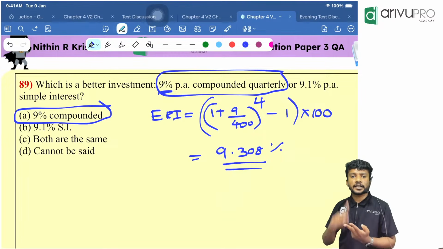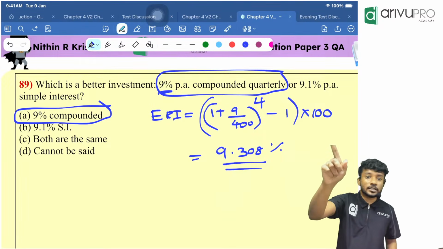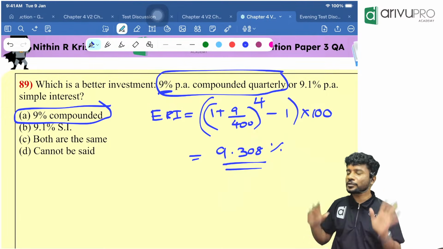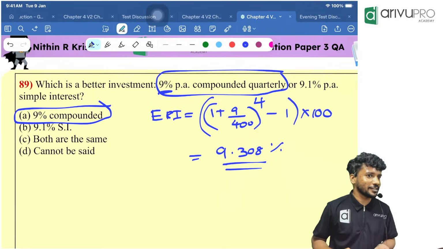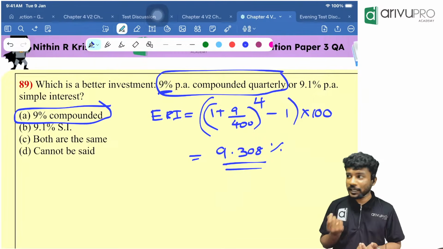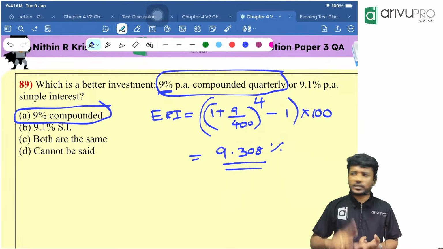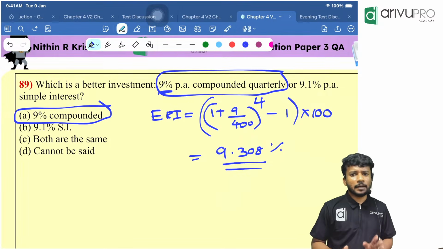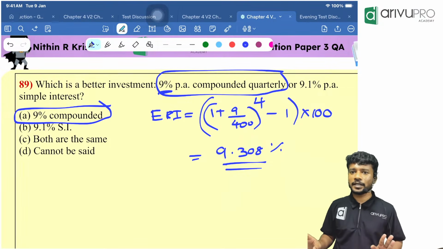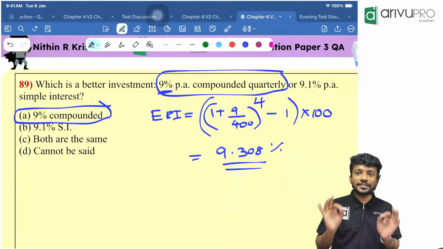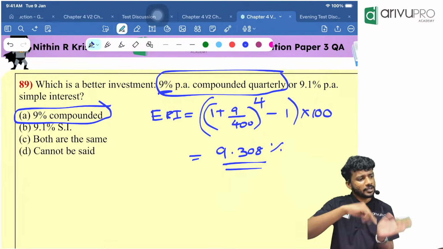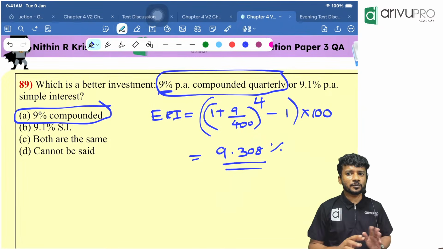Then we will start with annuity, the most important concept of this chapter. It carries 7 marks minimum, and there was a 10-mark attempt from this topic as well. So mostly we will finish annuity, depreciation and this chapter tomorrow in the best case. In the worst case, we require half of the next day, I mean the day after tomorrow.